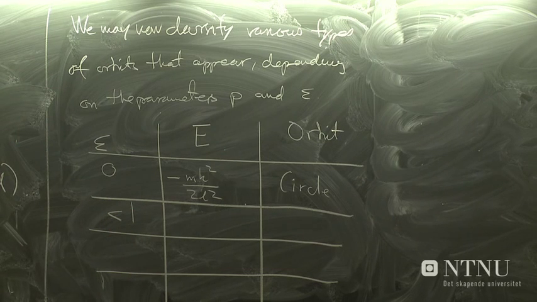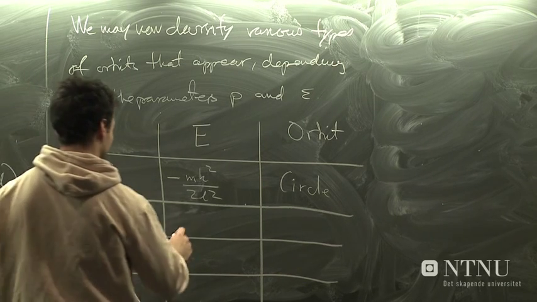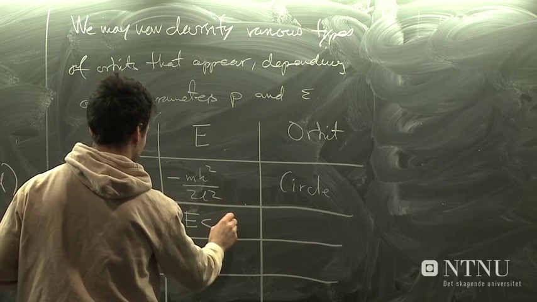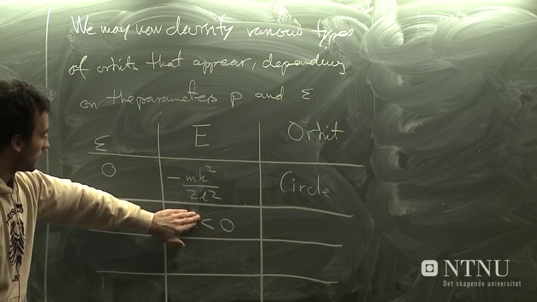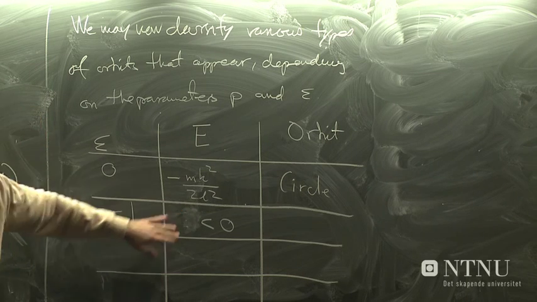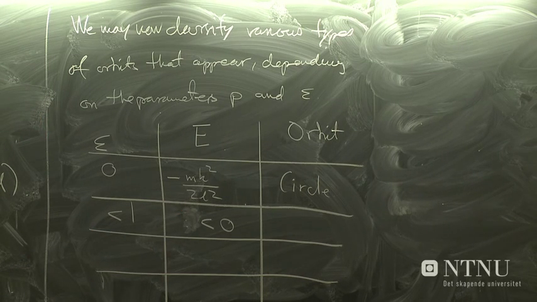So what happens if epsilon is smaller than 1? Well, according to our definition from 10 minutes ago, epsilon smaller than 1 should correspond to the case where the energy is smaller than 0. So based on the discussion we had in the previous lecture, what would you expect for the orbit in this case?